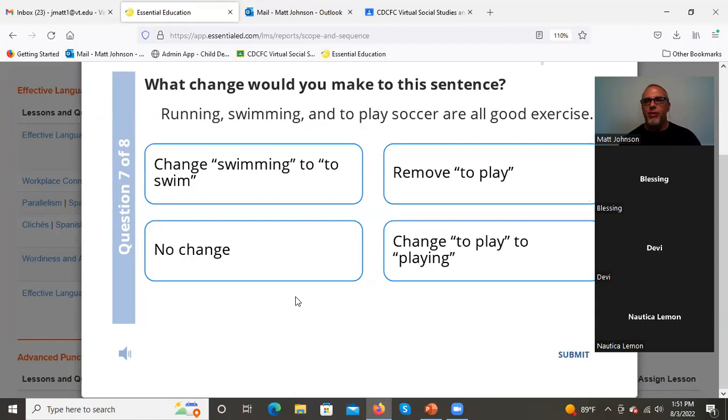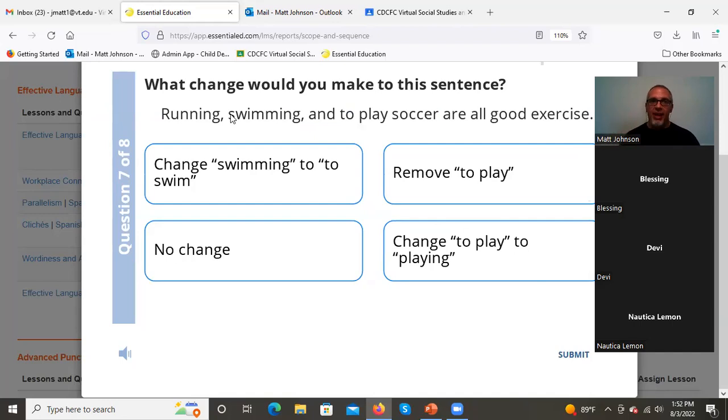"Running, swimming, and to play soccer are all good exercises." That "to play" is an infinitive, right? But we have gerunds, running, swimming. They're activities, actions, verbs, but we've changed them into nouns, into things, right?